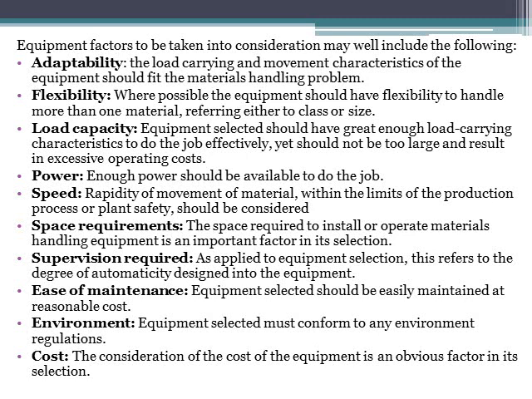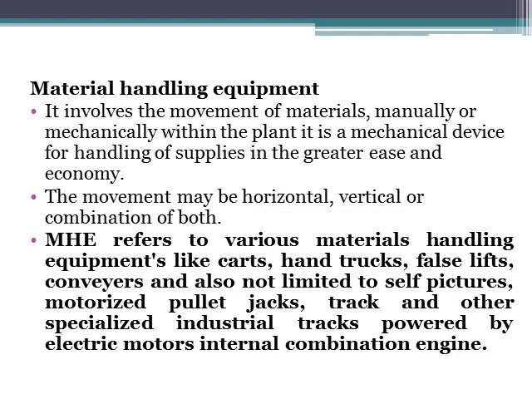For the equipment we are selecting, how adaptable it is, how much flexibility, how much load it can carry, how much power is required, the speed we will get, how much space it will take, and maintenance as well as supervision. Based on all these parameters, we will choose the material handling equipment.